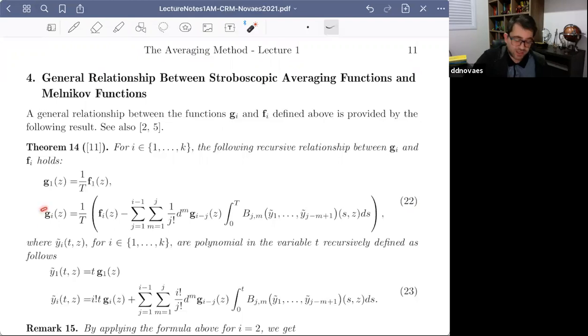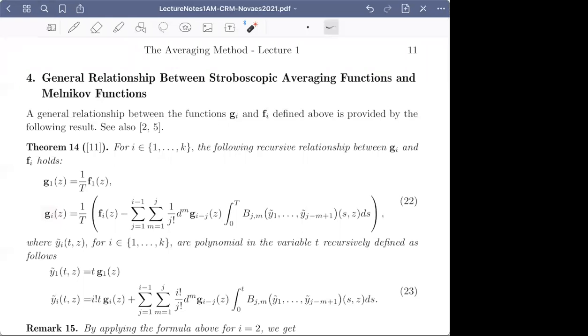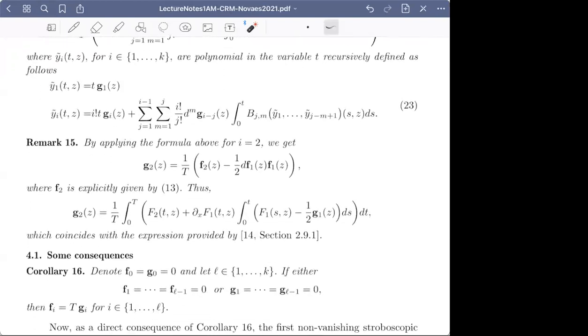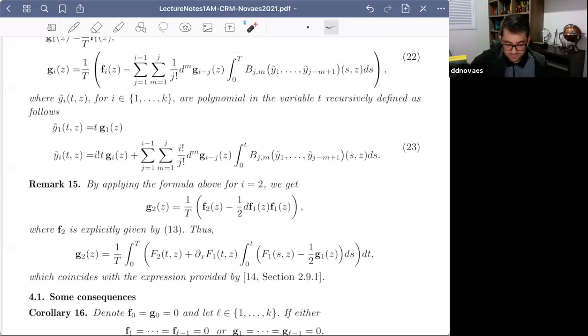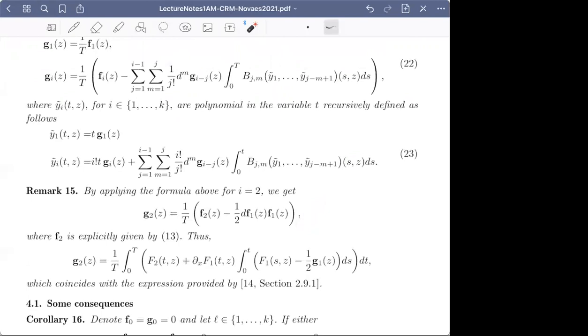Because Gi is given recursively, and it also depends on the other Gj. But as in Remark 15, you have written G2 directly in terms of the F's. It's quite natural to write.